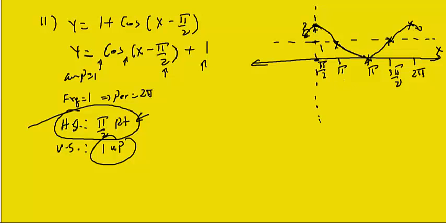Pi halves to a pi, this is 3 pi halves. And then when I add pi halves to 3 pi halves, that turns into 2 pi. And then when I add pi halves to 2 pi, that turns into 5 pi halves. So last one is 5 pi halves.